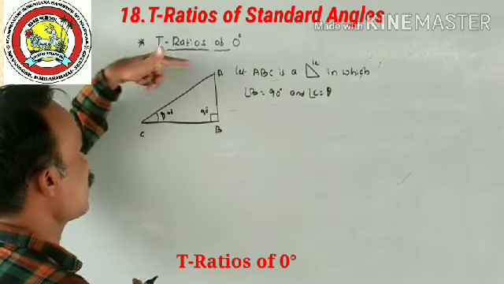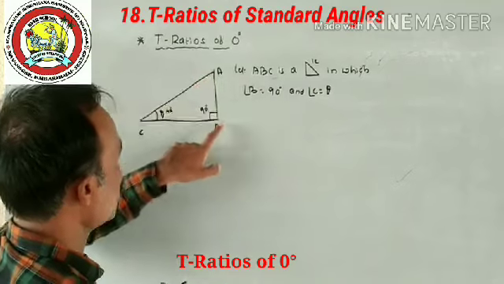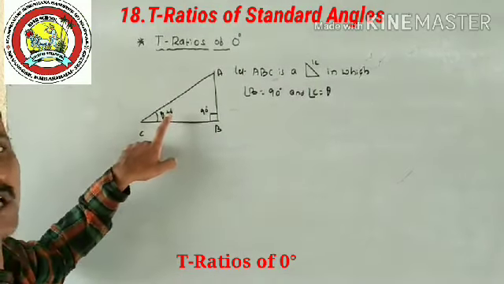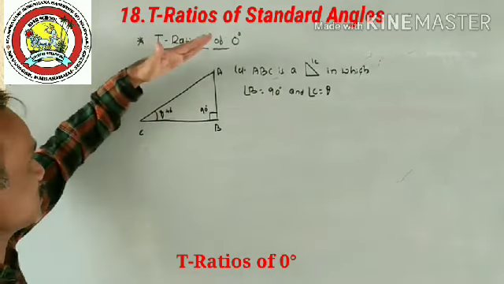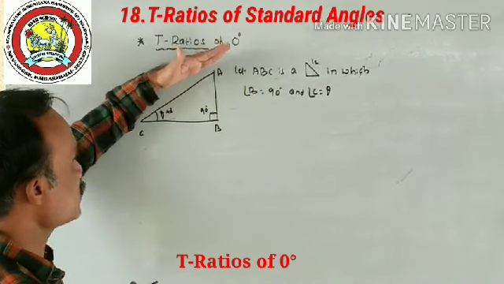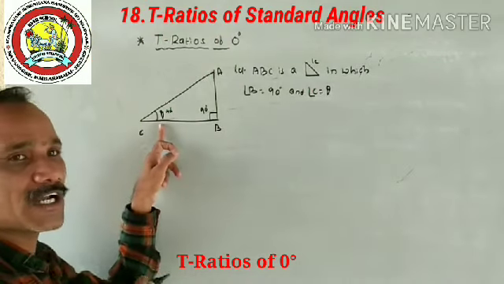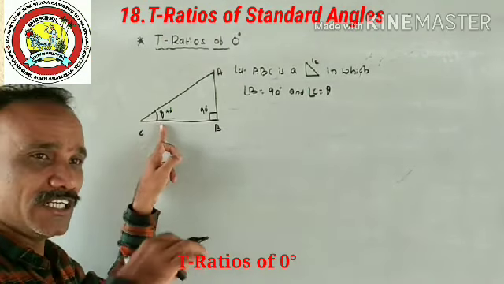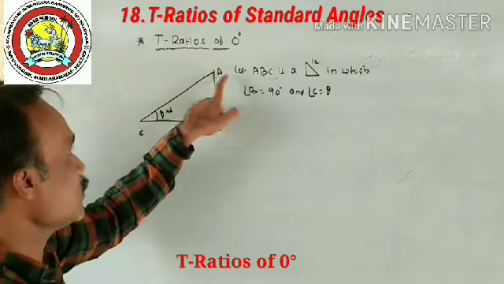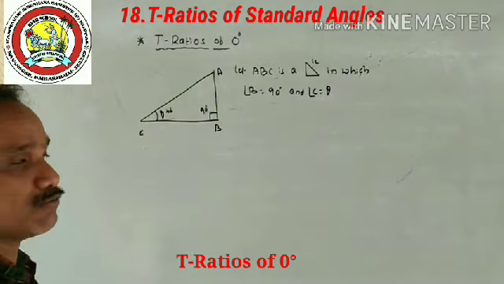So if AC moves downwards towards B, the value of theta gets smaller and smaller. In which case it will become 0, that is, if A coincides with B, then theta is equal to 0. This is a very important point.